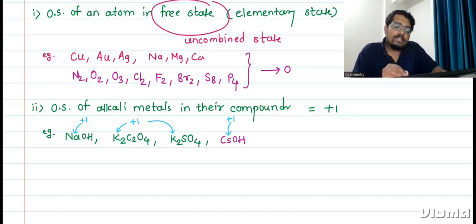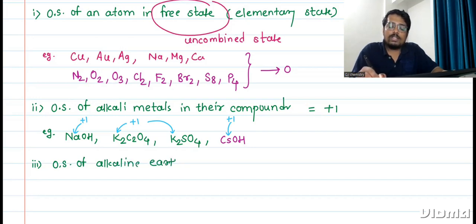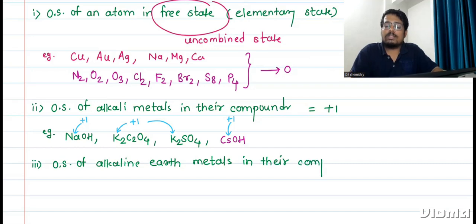Now the next rule is rule number 3: the oxidation state of alkaline earth metals in their compounds is equal to plus 2.